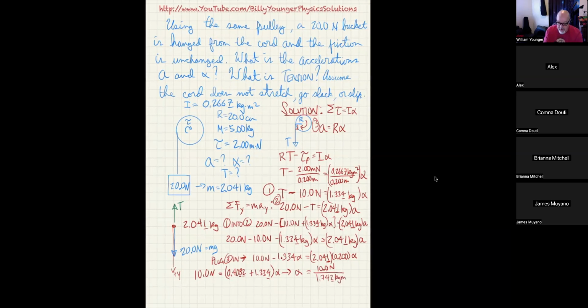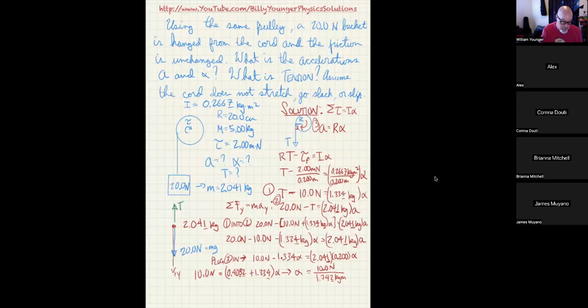And of course, that just gives me radians per second per second. So I'll check my work while I'm at it. I'm going to do 0.4082 plus 1.334. That did give me 1.7422. So I feel pretty good about that.